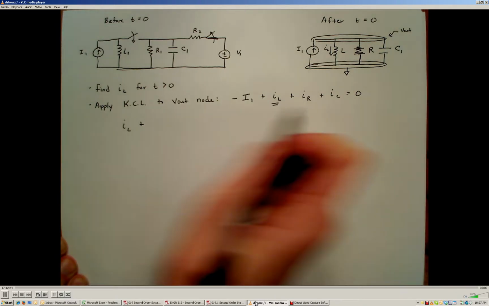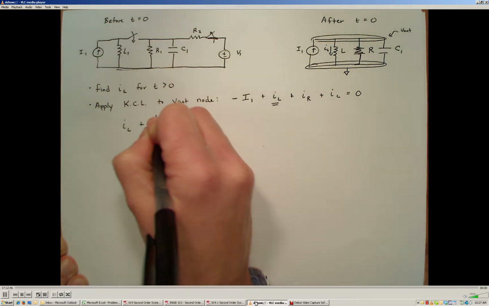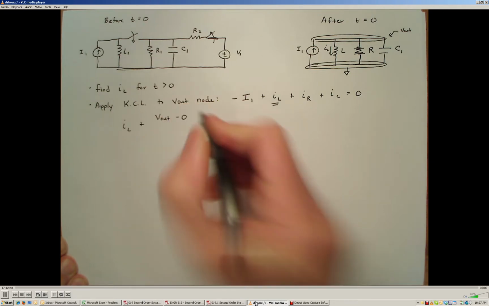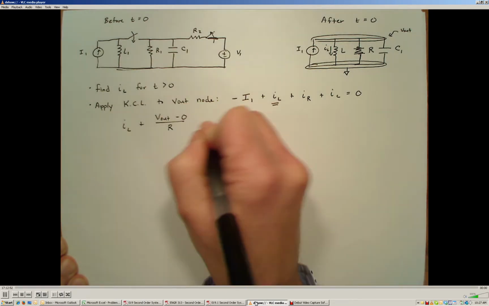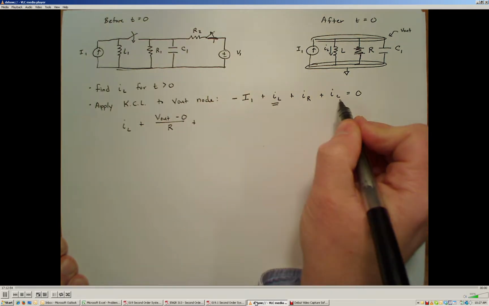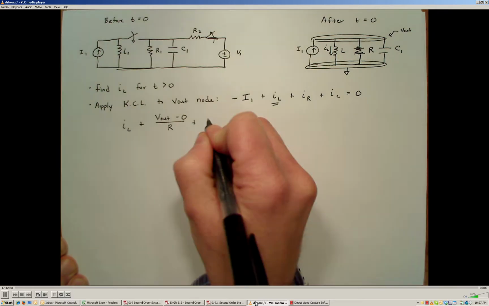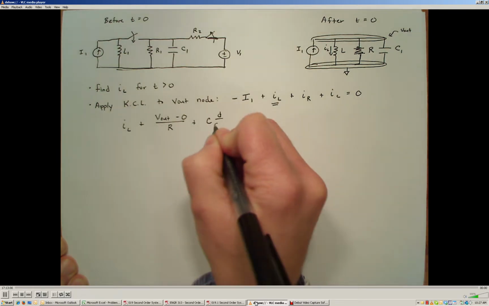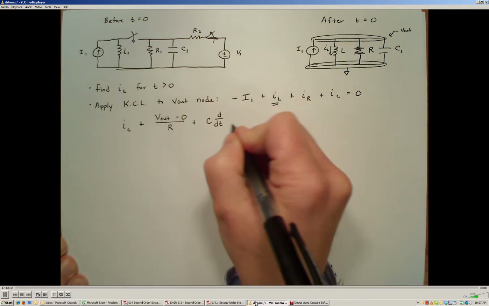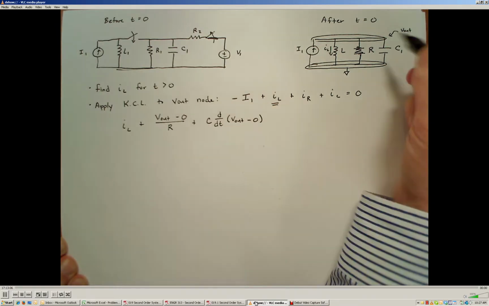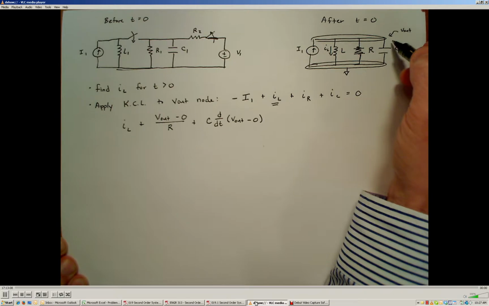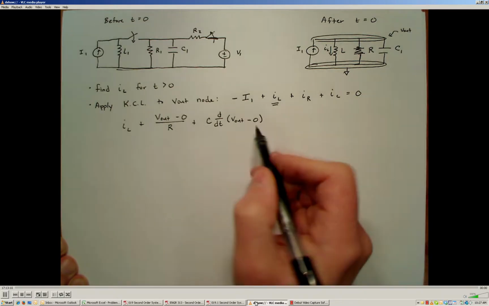So the current through the resistor can be written as Vout minus our reference node, which is 0, divided by the resistance, plus the current that passes through the capacitor can be written in terms of voltage by the relationship of C times the derivative of the output voltage across the capacitive element, which is Vout minus 0.